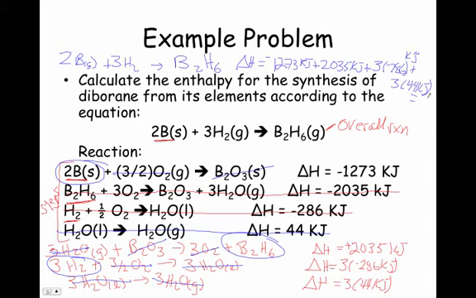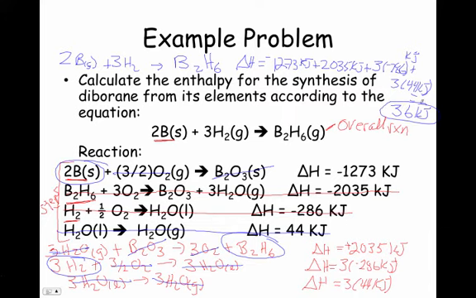Okay, so when we punch that into a calculator, -1273 plus 2035 plus 3 times -286 plus 3 times 44, we get 36, an overall of 36 kilojoules.